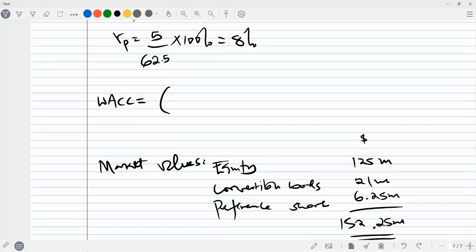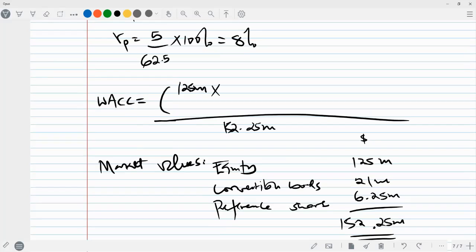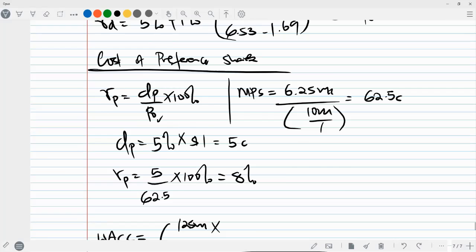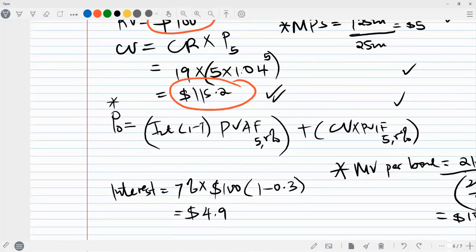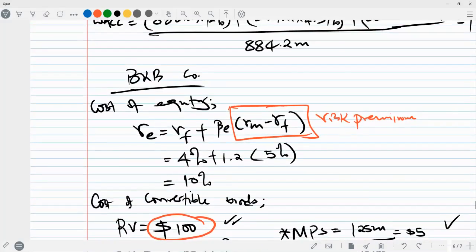Therefore, the weight of equity will be equal to 125 million divided by 152.25 million. We multiply the weight of equity times the cost of equity, which we obtained as 10%.